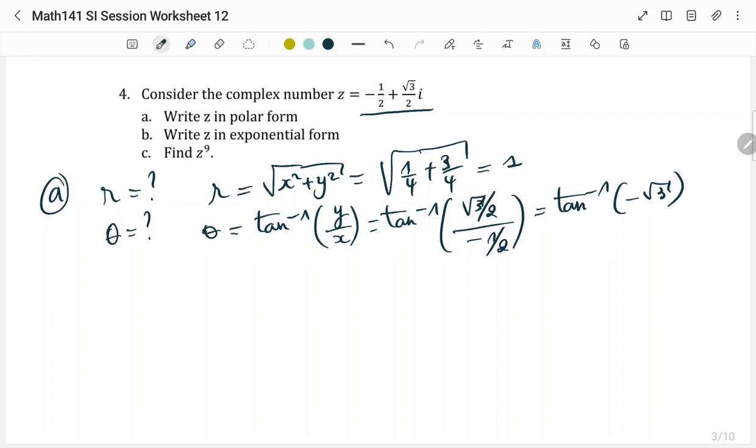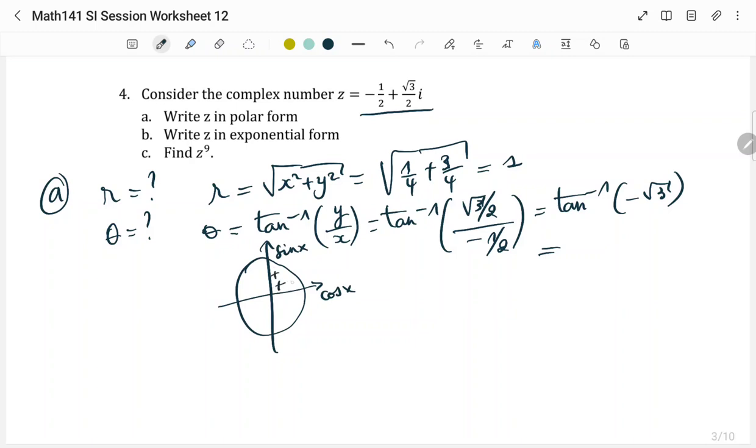And what angle has tan of negative root 3 with a cosine negative and a sine positive? So that angle has to be in the second quadrant again, right? If you look at the trigonometric circle, this is the sine axis, this is the cosine axis.